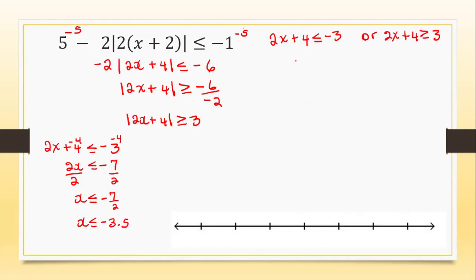Next, we have 2x plus 4 is greater than or equal to 3. Subtracting 4, we have 2x is greater than or equal to positive.